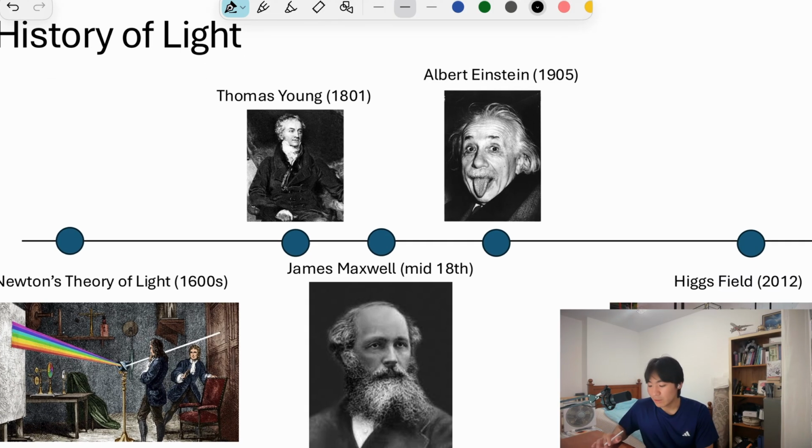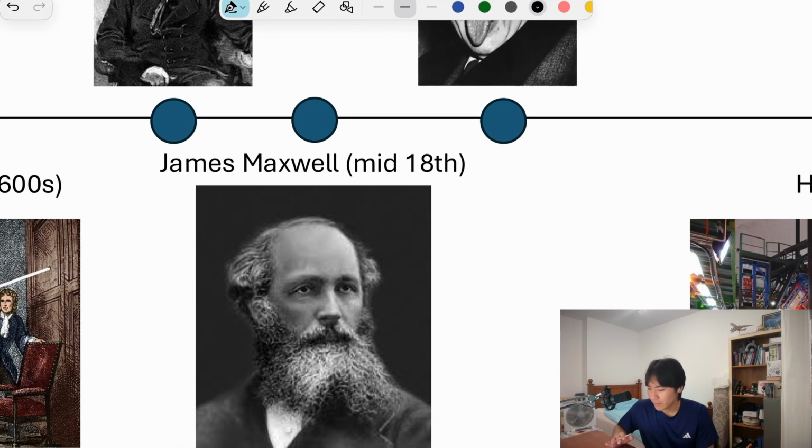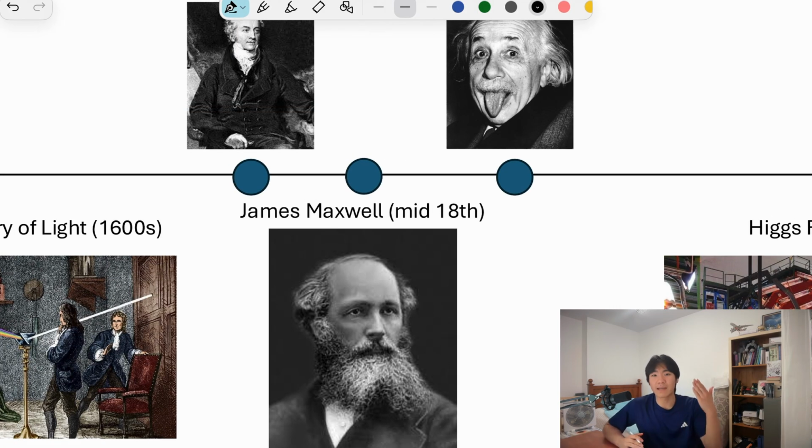And James Maxwell, and if you go into electrical engineering, you're going to hate this guy, because, well, you will see eventually. Basically, what James Maxwell, this prodigy and genius, proved is that visible light is actually an electromagnetic wave.